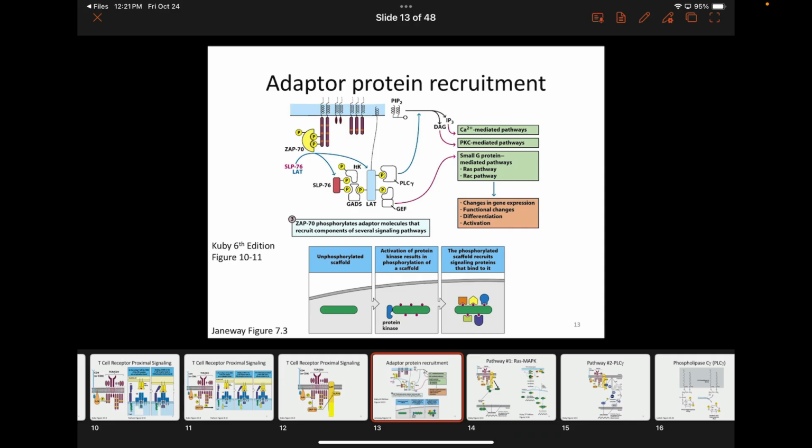And so after our adapter proteins, I have to then tell you about branches. What we're going to do is we've seen LCK function, then we've seen ZAP70, then we've seen our adapters LAT and SLP76.